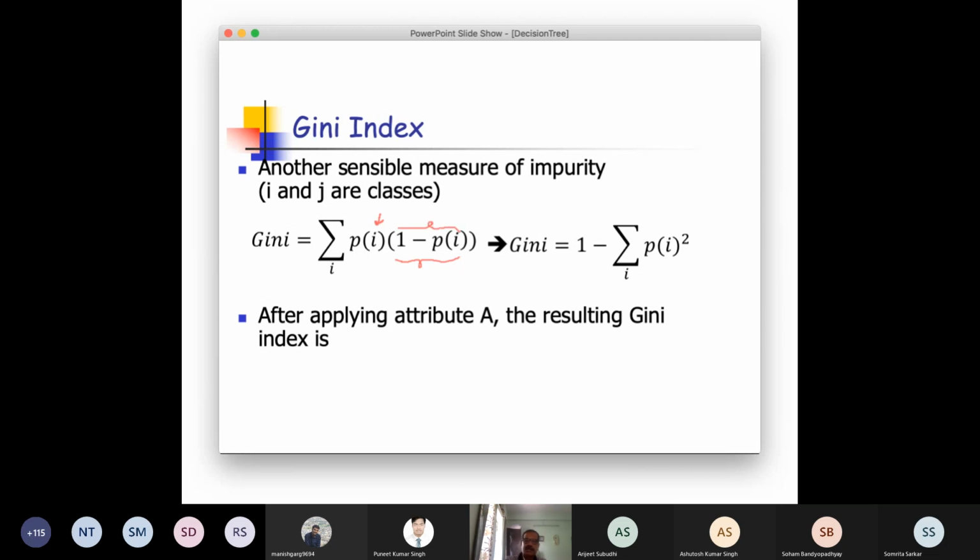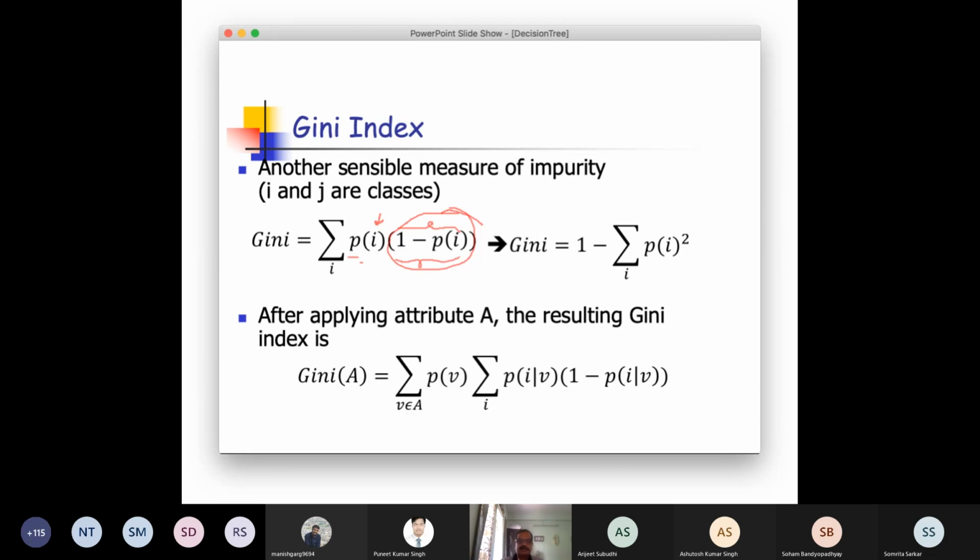So overall, what is the occurrence probability of error? The weighted probability of error would be pi into 1 minus pi, and the Gini index is basically the expectation of this probability of error. This is an expectation because this is a probability distribution. Expectation of the error, right? So expected error rate, that is what the Gini index is.